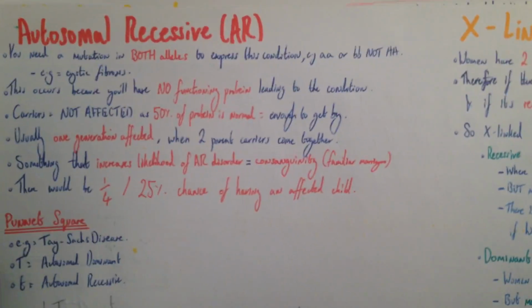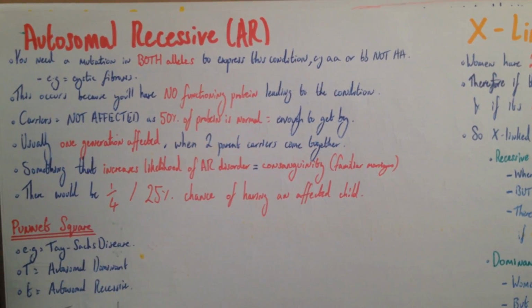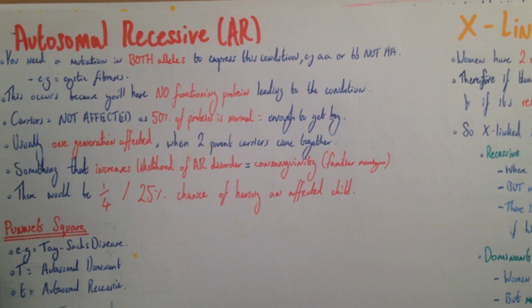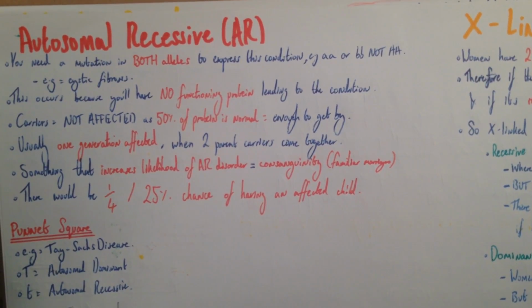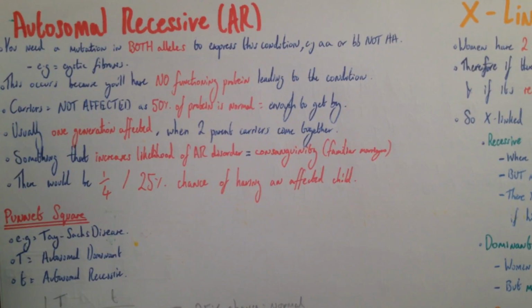Anyway, autosomal recessive diseases next. You need a mutation in both alleles to express this condition, for example two lowercase a's or two lowercase b's, not capitals. Recessive genes are shown by lowercase letters.